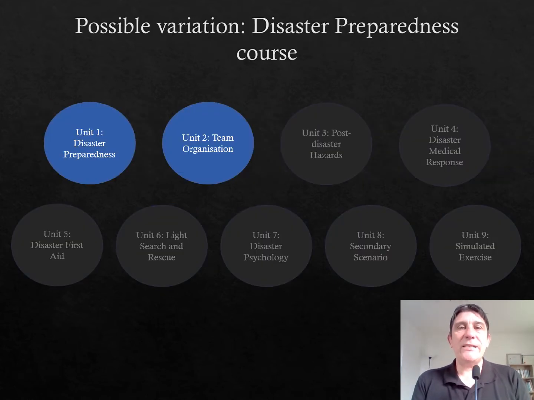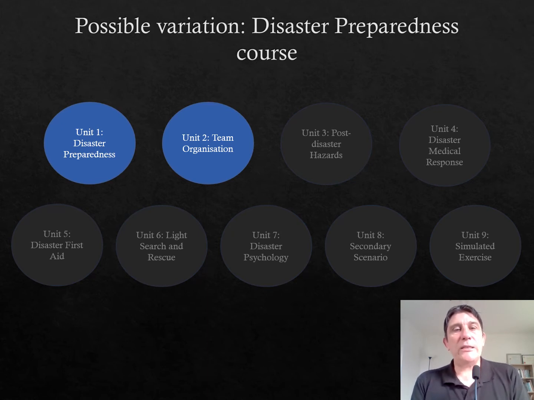Now, the basic training course would probably take between 20 to 24 hours, and not everybody is always able to spare that amount of time for basic training. So it would be possible to create 3 smaller courses, each of which offers a certificate, that when the participants have completed all of these courses, they can then become members of a disaster response team.